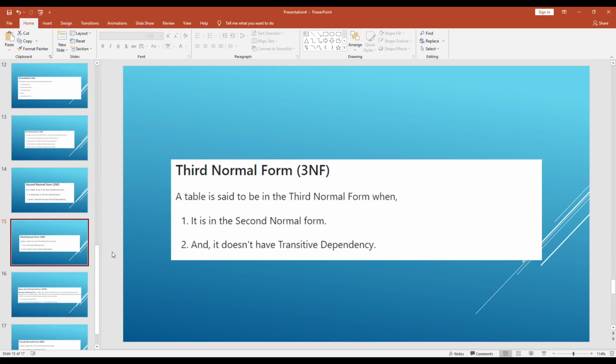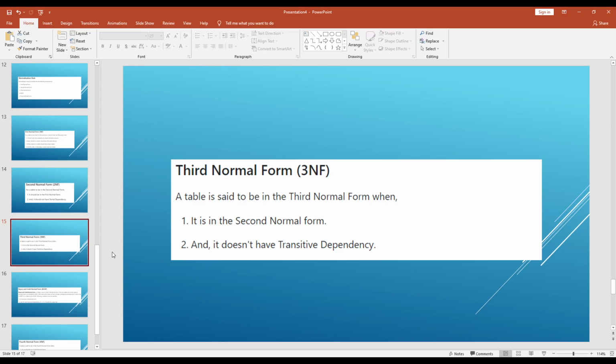How do you know if a relationship is 3NF? A relation is in 3NF if at least one of the following conditions holds in every non-trivial functional dependency X determines Y. Number 1, X is a super key.